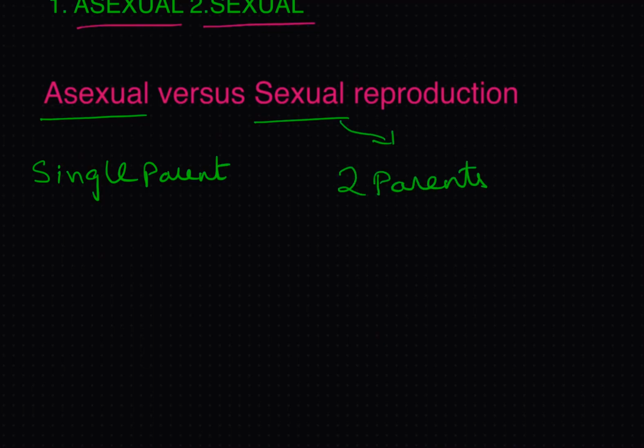In asexual reproduction we have only a single parent involved, whereas in sexual reproduction you have two parents involved that produce gametes of opposite sex.